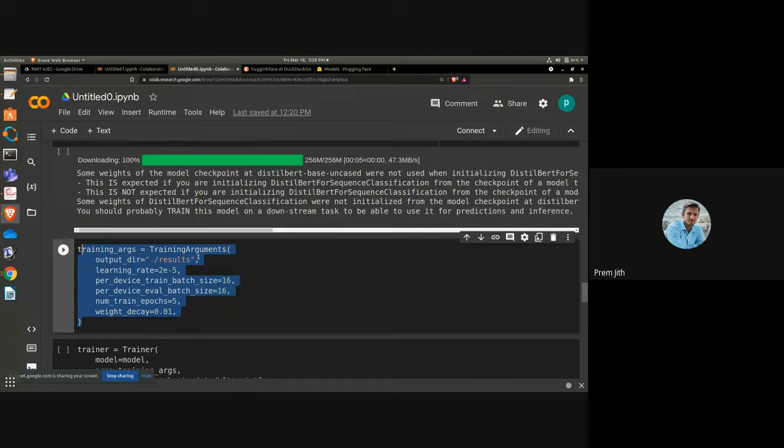Training arguments include the output directory and the learning rate, which I hope you all know. In the basic implementation of the backpropagation algorithm, we have to use stochastic gradient descent or other gradient descent algorithms to train the network.